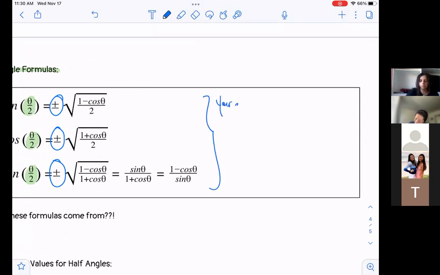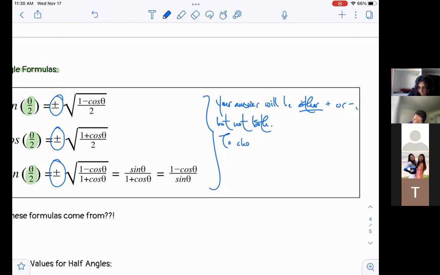Your answer will be either plus or minus, but not both. So this is different from the quadratic formula in the sense that we only have one answer. It's either going to be plus or it's going to be minus.